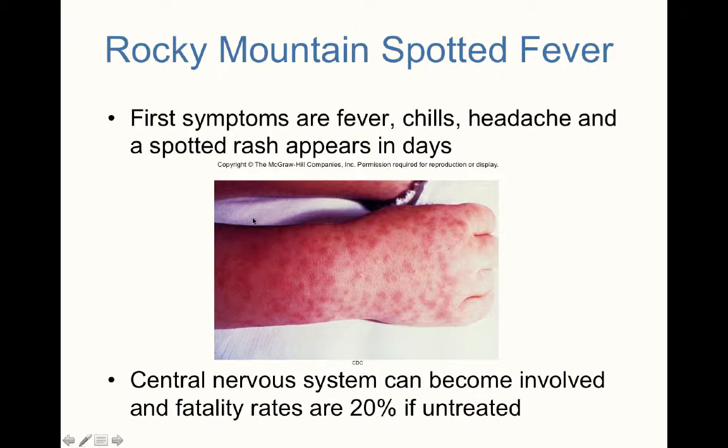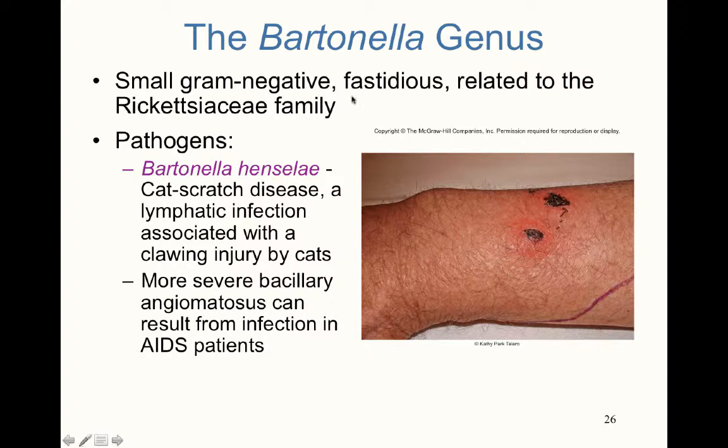So for Rocky Mountain spotted fever, first symptoms are fever, chills, headache, and that spotted rash will appear within a few days. And as mentioned before, the CNS can become involved, and fatality rates approach 20% if left untreated. Another pathogen to mention here, Bartonella.